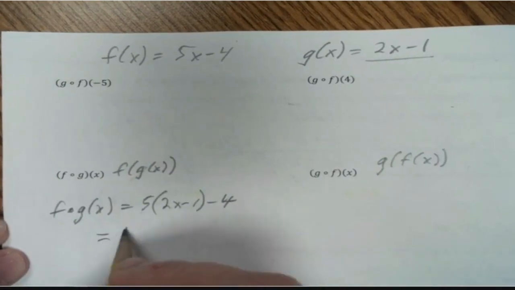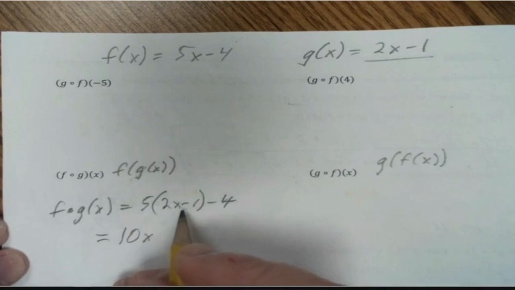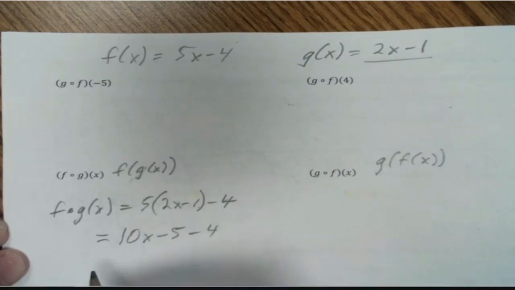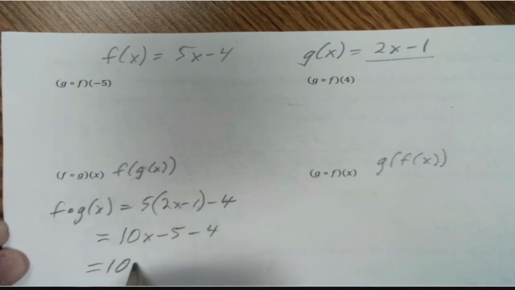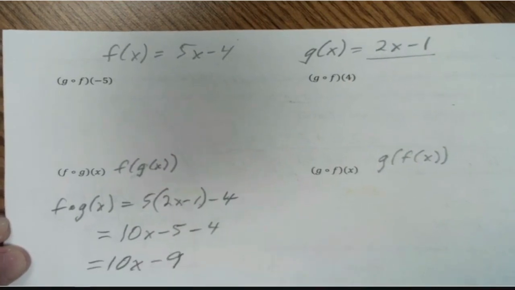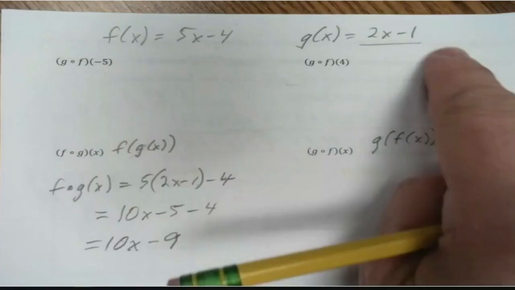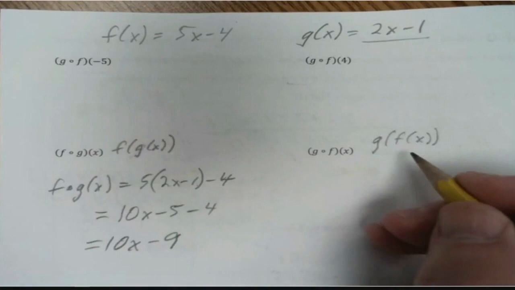5 times 2x is 10x. 5 times negative 1 is negative 5 minus 4. 10x minus 9. Now, how about the other way around? If we substitute the other way, that's going to be different.